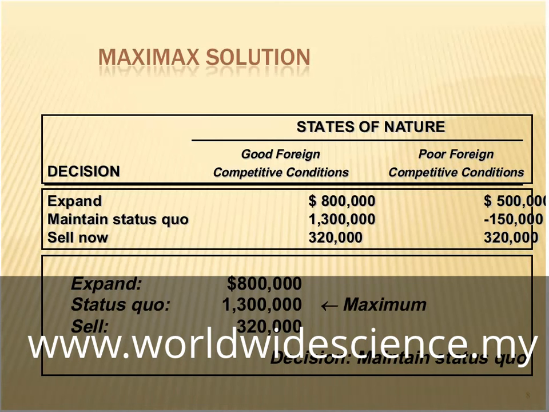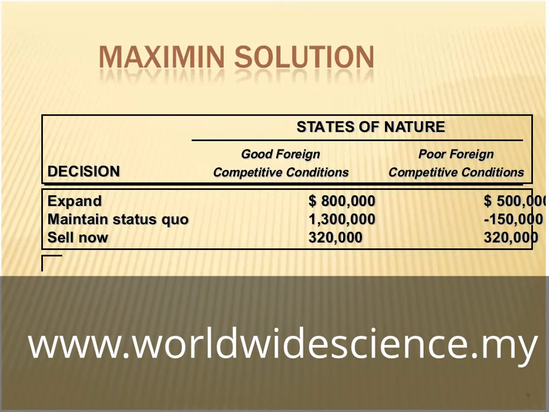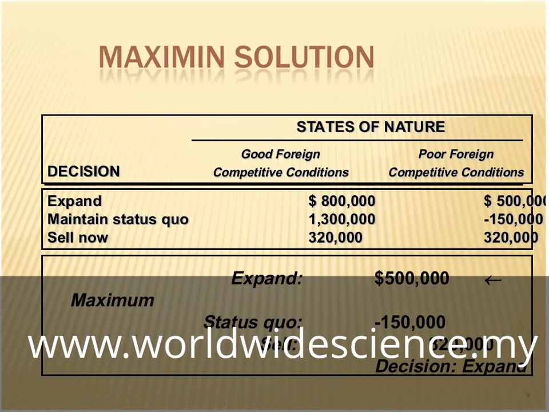The MAXIMAX tool tells you this is the best decision, but we have to consider the rest of the tools. MAXIMIN is the maximum of minimum. Maximum of minimum means at first you should select the minimum, and at the end you should select the maximum. If you select the minimum between two states of nature for expand, 500,000 is the option.